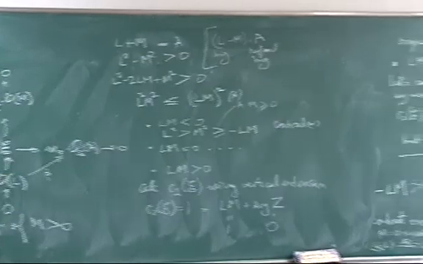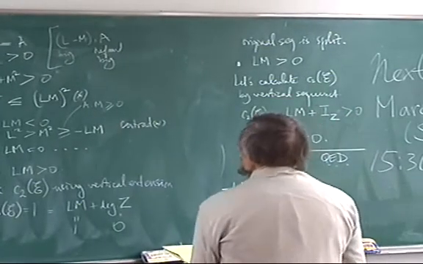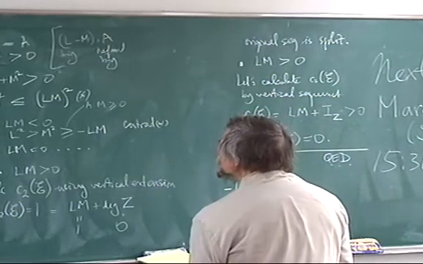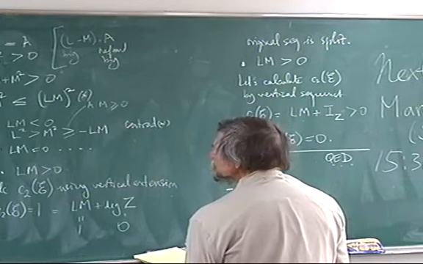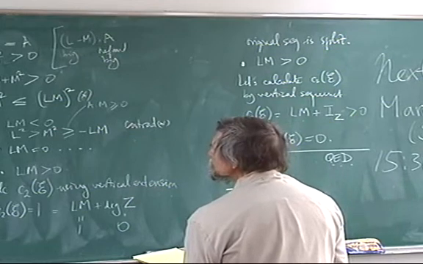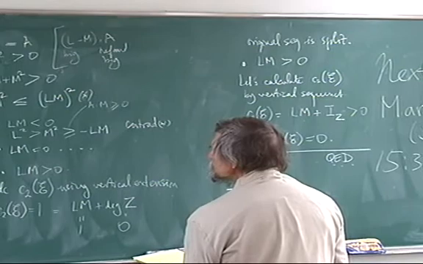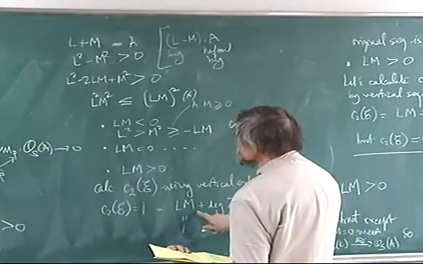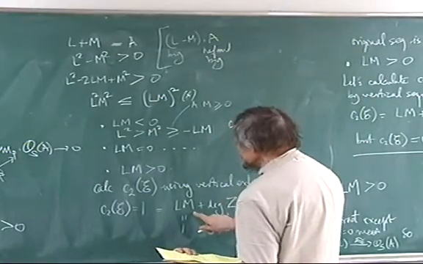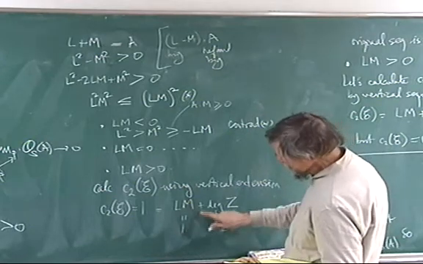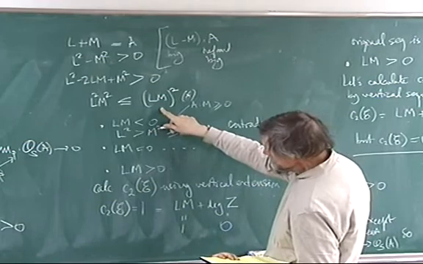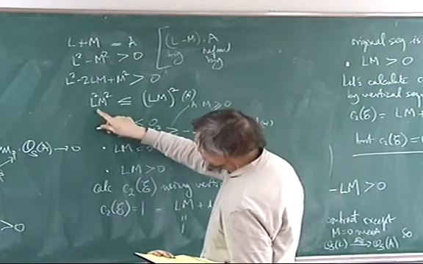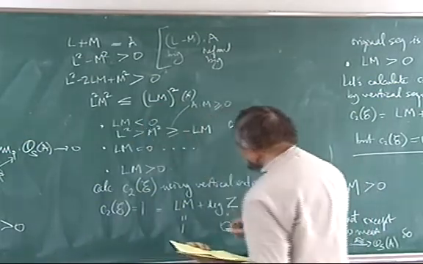So if L·M is 1, then (L·M) squared is less than or equal to 1, and these two can't both be positive.